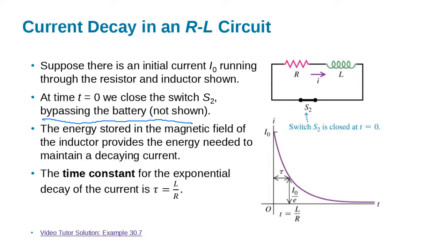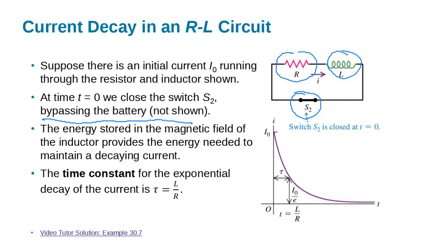Initially we've built up the current in the inductor by attaching to a battery. Then if we imagine we disconnect from the battery and then close this switch so that we can dissipate the current, then that energy that was stored in the magnetic field of the inductor is going to be dissipated in this resistor. And then again, we want to know what happens to the current over time.